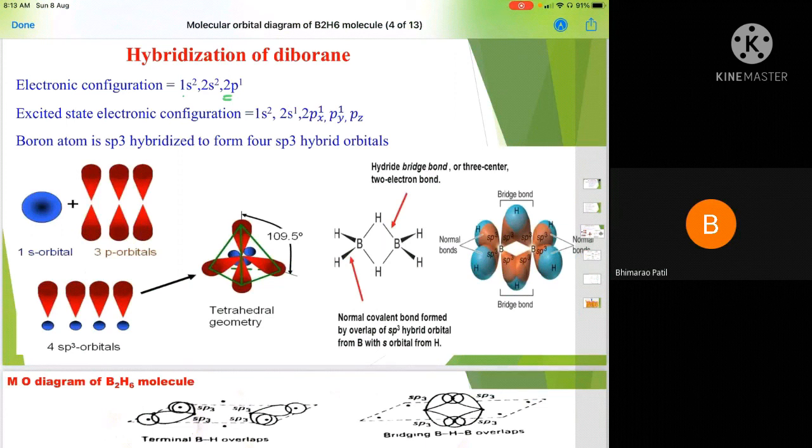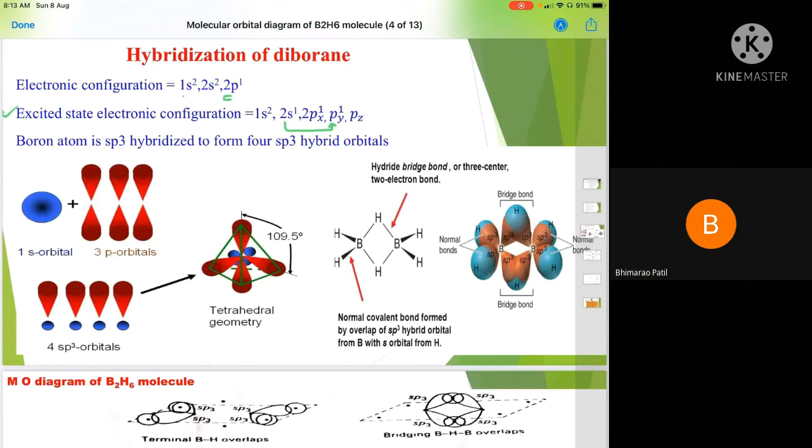atom. Therefore, if you want to write the excited state electronic configuration, then one electron is promoted from 2s to one of the 2p atomic orbitals, maybe the 2py or 2pz. And therefore, the excited state electronic configuration is 1s2, 2s1, 2px1, 2py1, and 2pz0.